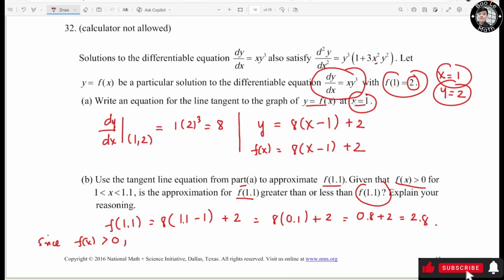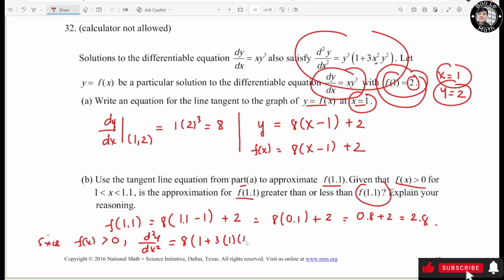And you have the second derivative right here. d squared y over ds squared equals, using this point right here, s equals 1, y equals 2, substitute over there, right? So you have 8 times 1 plus 3 times 1 times 2 squared equals 4, right? So it is positive, right? So it tells us that the function is concave up, right?